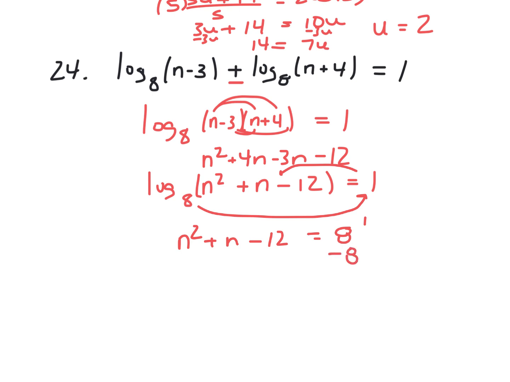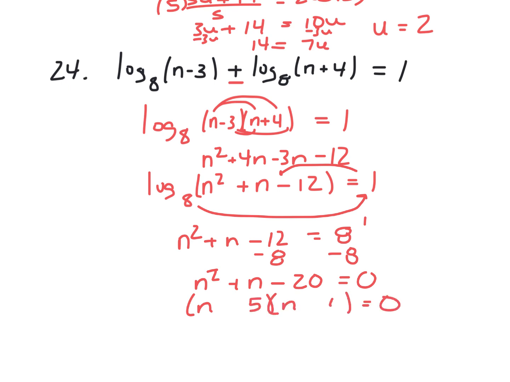Then I'm going to subtract 8 from both sides, because in order to solve a quadratic, you've got to get it to equal 0. Factor this one, which is one way of solving it. I think it's going to factor because 5 and 4 is going to work if I have a positive 5 and a negative 4. So my solutions for n would be negative 5 and positive 4.